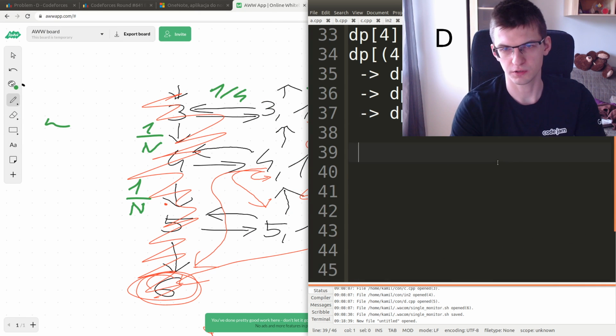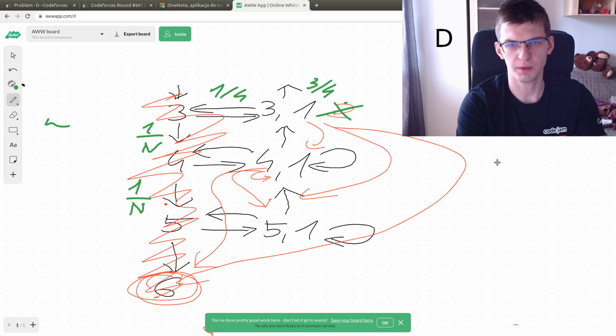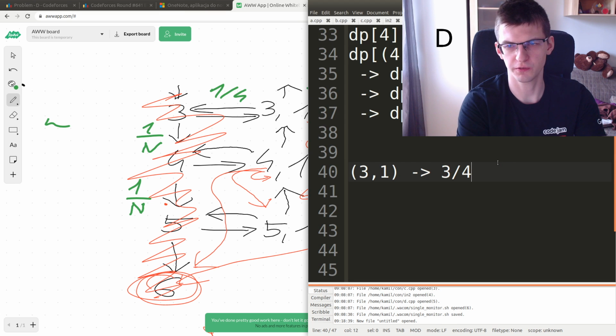I can work with that. Expected value of time for 3/1, or maybe let's work with probability. From 3/1, I go up with probability 3/4.